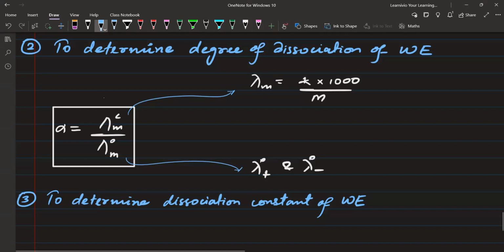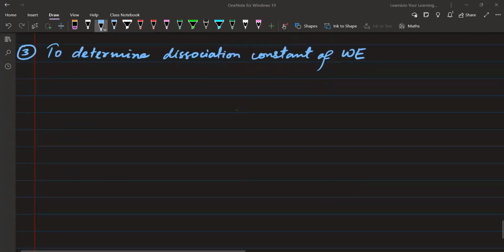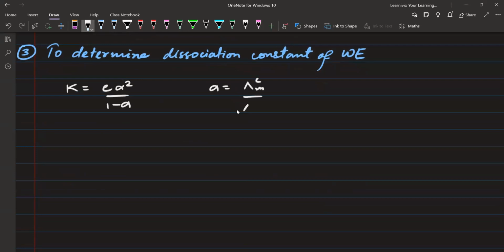Everyone, please tell me. Yes. Dissociation constant of weak electrolyte is given as, from equilibrium, K is equal to C alpha square upon 1 minus alpha. You know that alpha is equal to, as we have just seen, lambda m c upon lambda naught m.